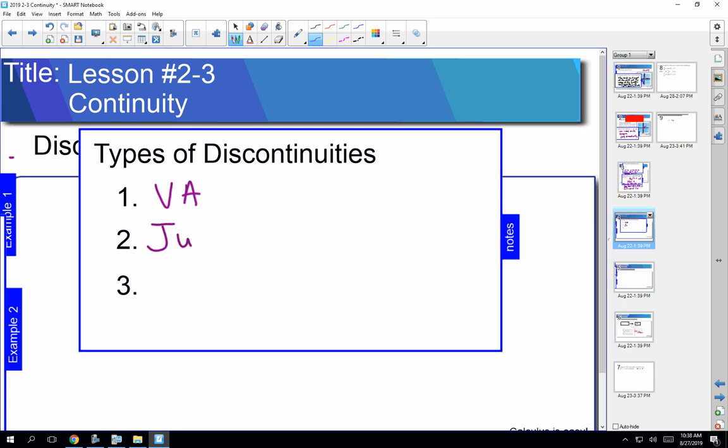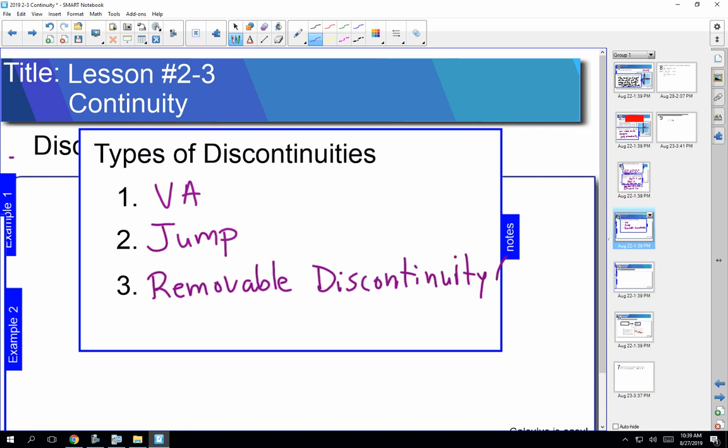And then the third one I just mentioned in passing, but it's a removable discontinuity, or hole. You could use the word hole, and that would be fine. You might want to reference removable discontinuity if you're actually factoring out something and canceling it, like what happened in the quiz.